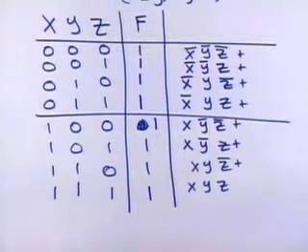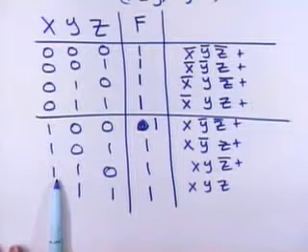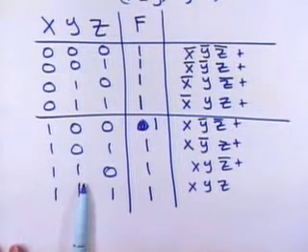Yes? In your equation for f, how is x less than y for, like, when x's are 1s? I checked the value. Second part of X is less than or equal to y. So in this case, let's look at this row. X is less than or equal to y is going to be true because 1 is less than or equal to 1.